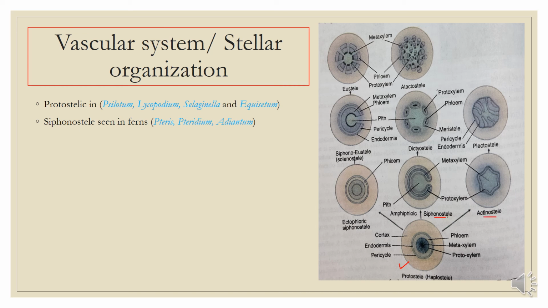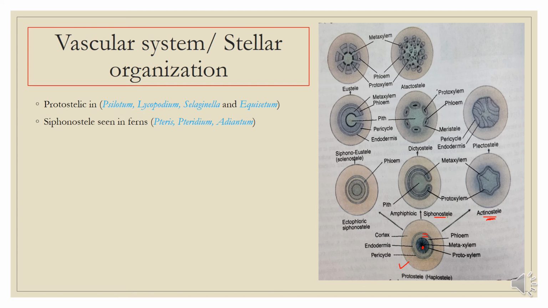In the protostele, they have xylem here, and they have phloem on the outer side, and they have an endodermis. When they develop star-like projections, they are called actinostele. This one.